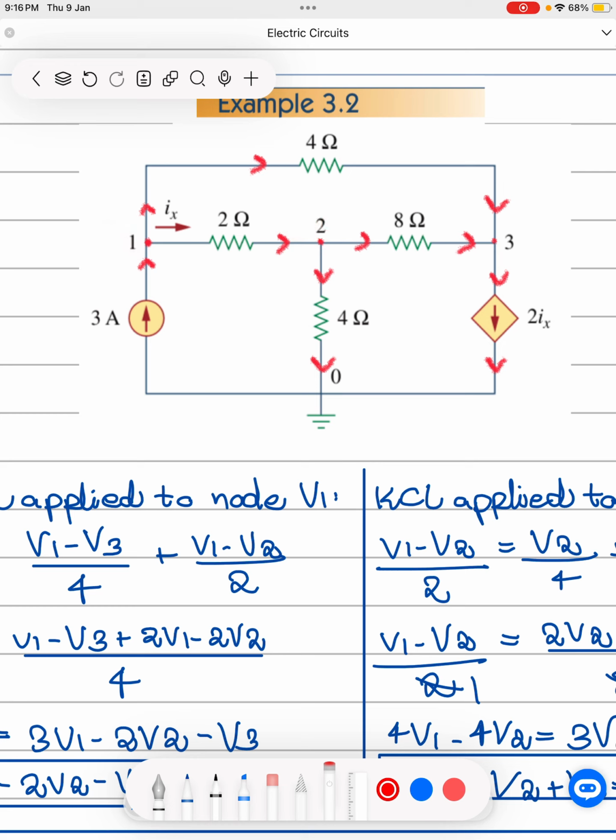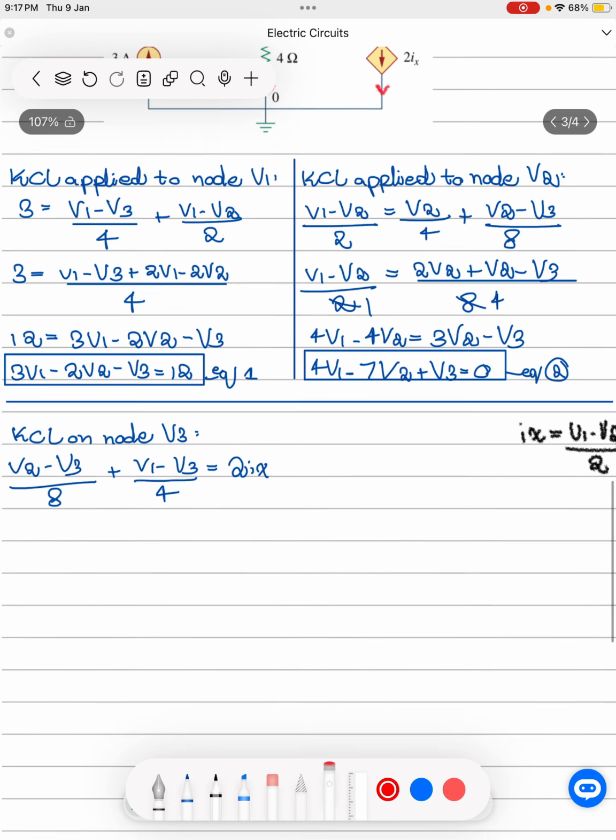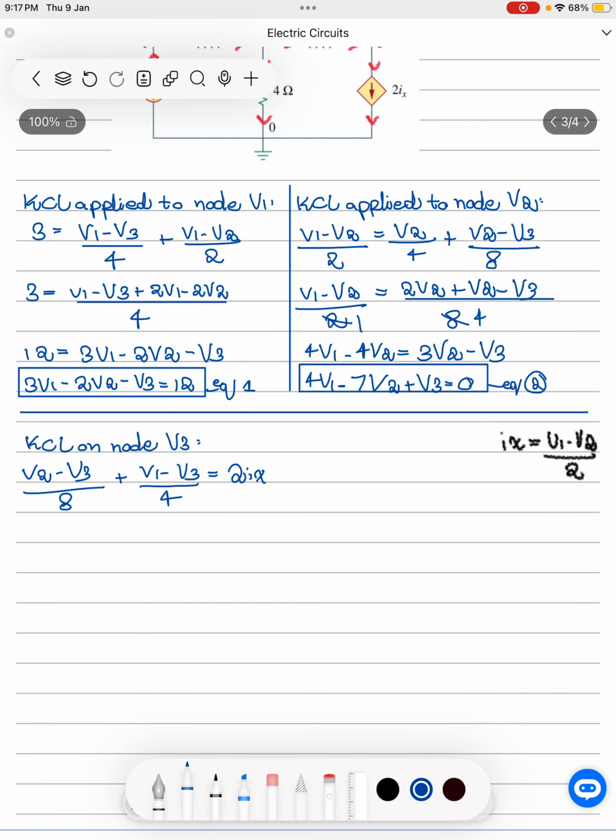According to Ohm's law, V equals IR, so we get current using V upon R. The difference between the two nodes, V1 minus V2, would be the difference in voltage between these two nodes, and then divided by resistance, it would give us current. Hope that's clear.